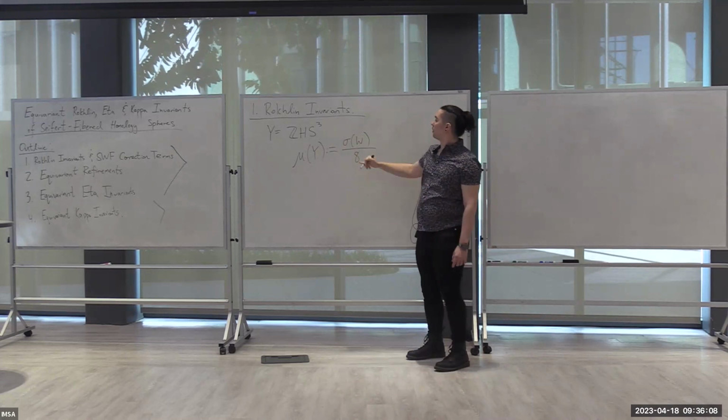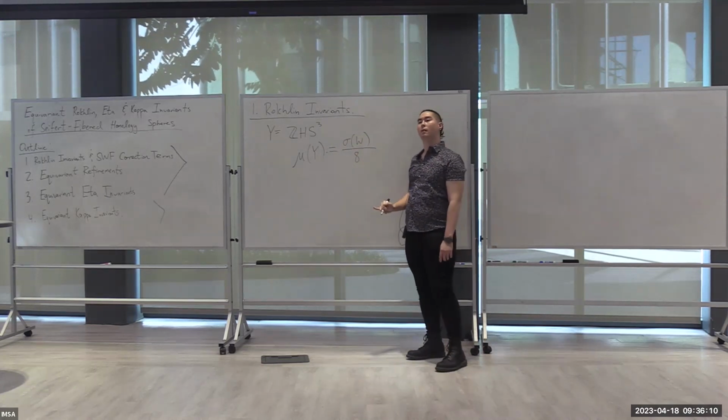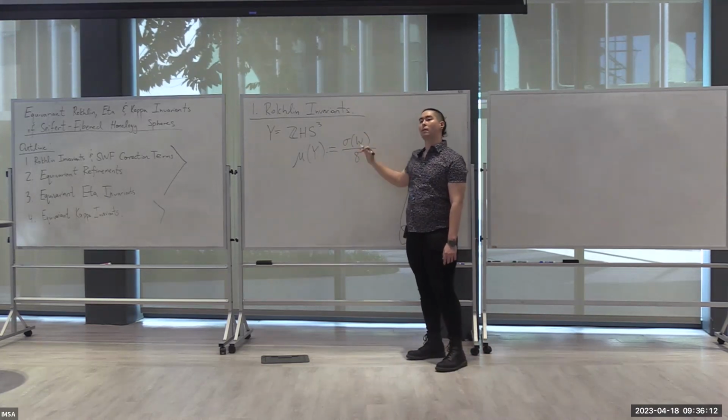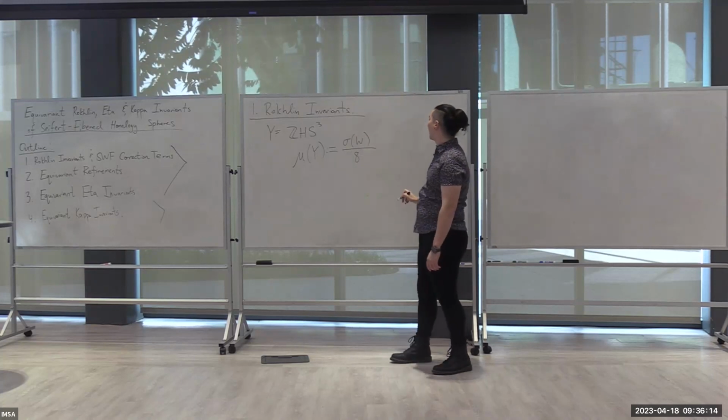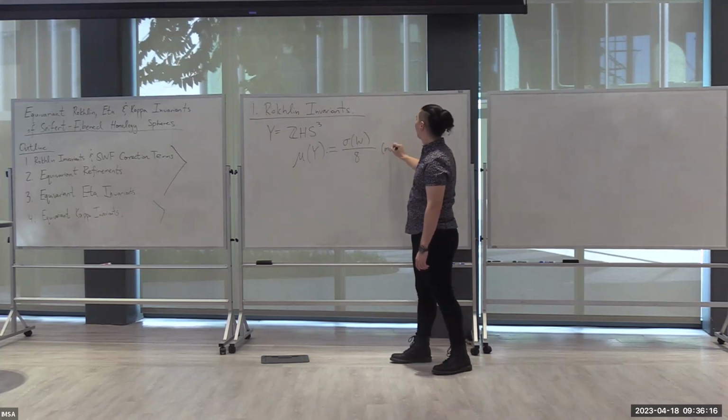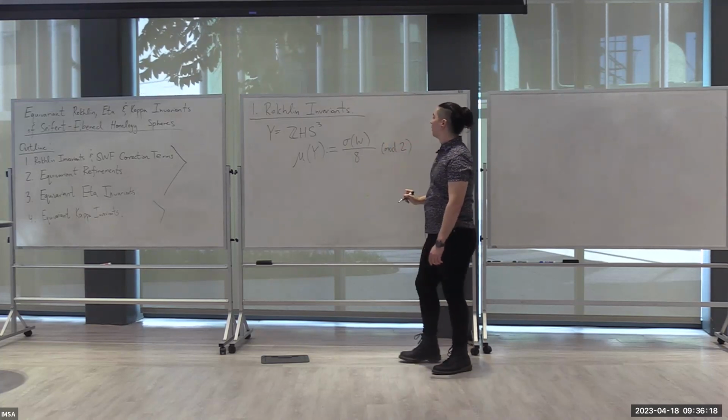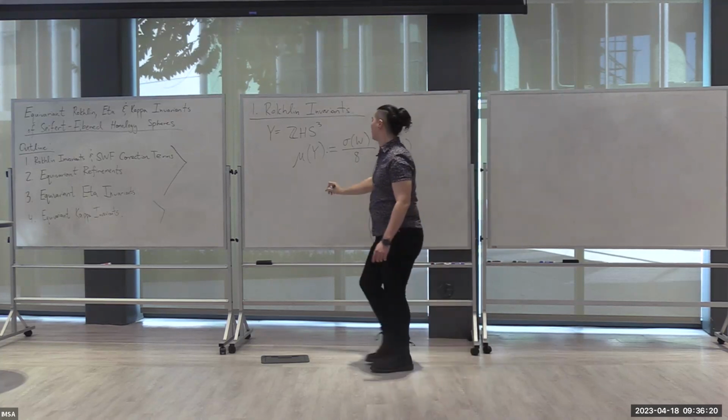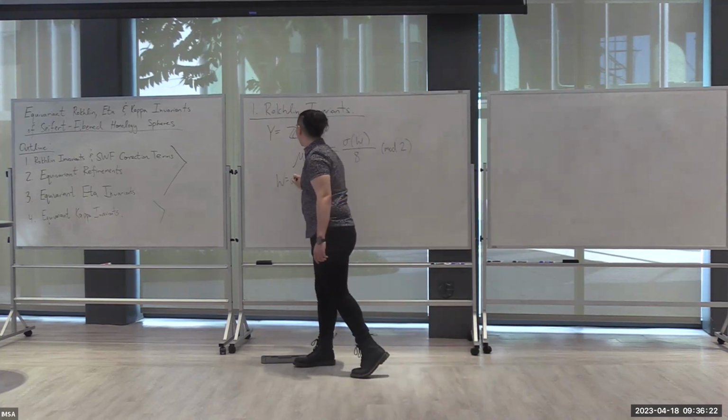We'll take a spin filling W of Y, consider its signature divided by 8, and then consider that quantity modulo 2. Here, W is any spin filling.